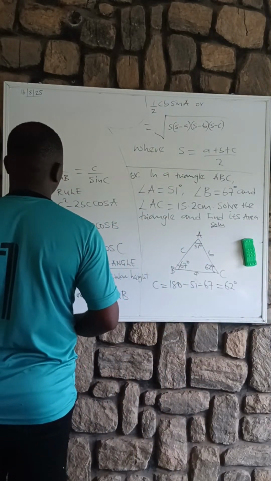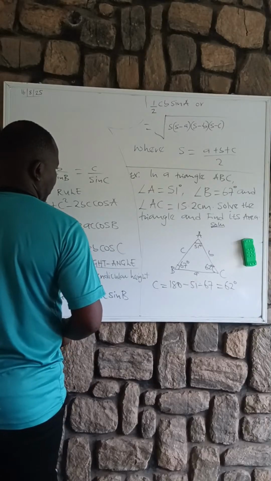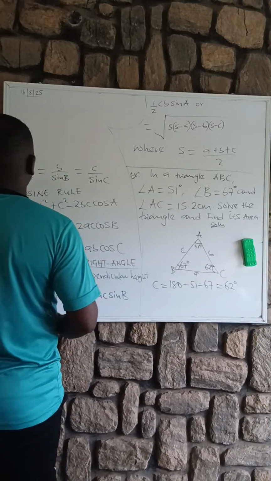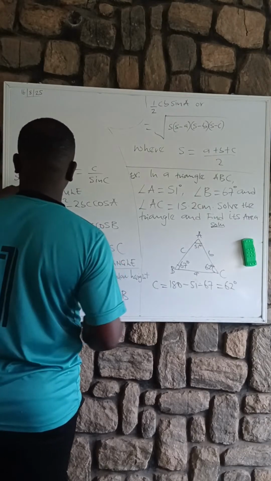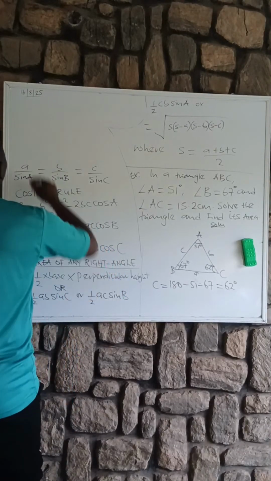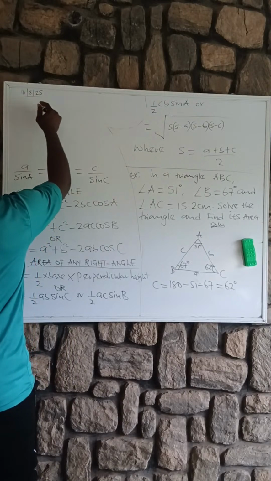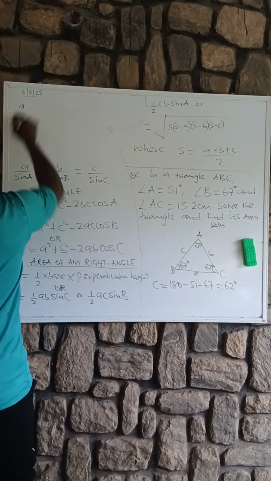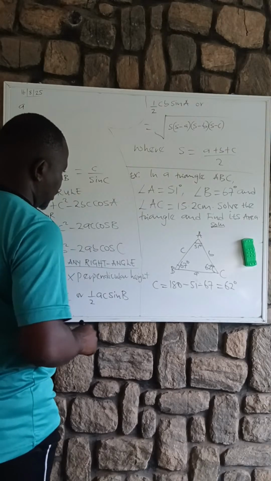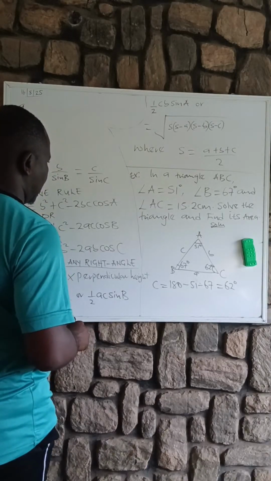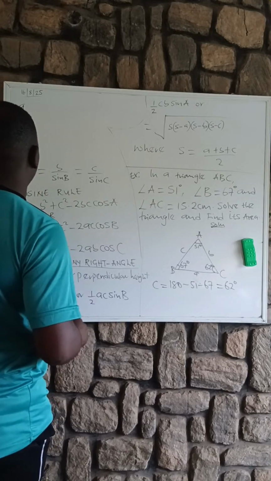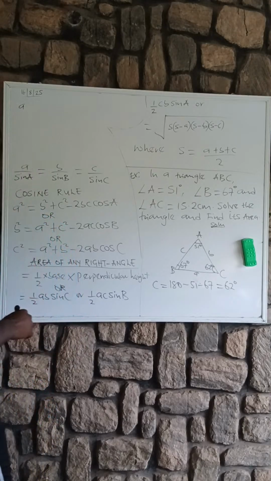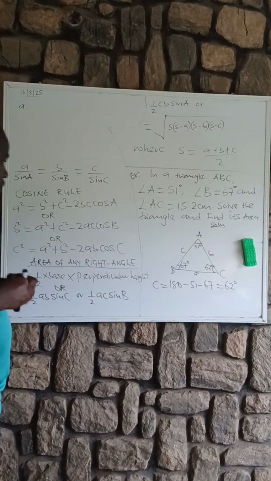So far so good. Look at the board. If we want to consider A, here is our A. Look at the board very well. Everybody should look at the board. How can we obtain either a or b?